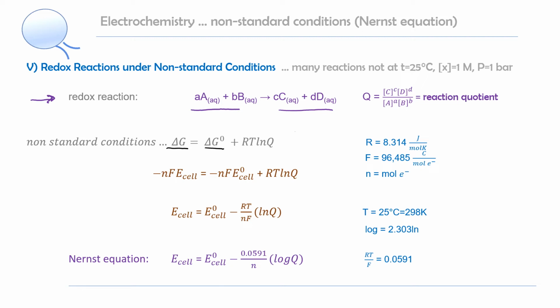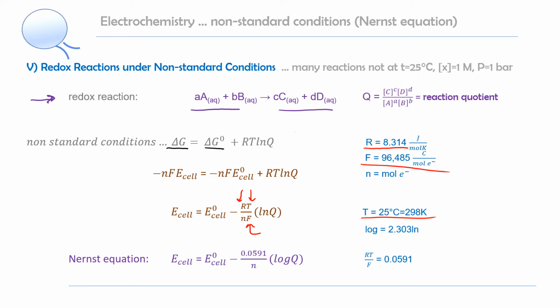All right, so now if I simply throw in actual values for some of these constants, remember R in this equation is 8.314 joules per mole degree Kelvin. If the temperature is 25 degrees C, that's 298 Kelvin. We know Faraday's constant, it's 96,485 coulombs per mole.